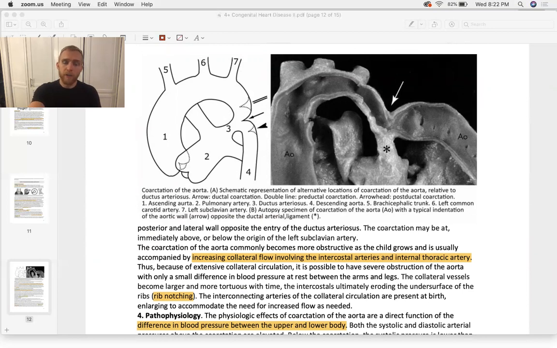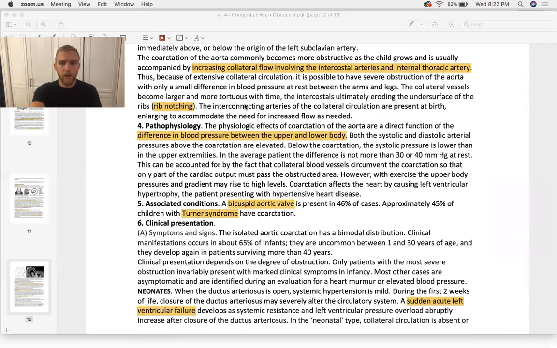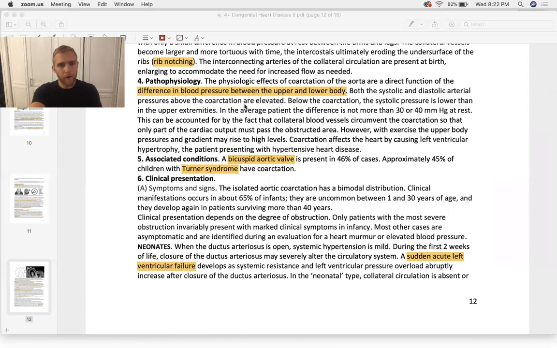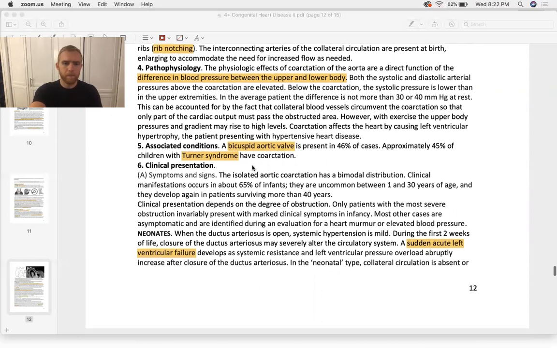You are already sending blood to your upper extremities, and then there's a coarctation. So your brachial pulse is going to be fine. It's your popliteal pulse that's going to be very, very absent. Also associated with the coarctation is the bicuspid aortic valve, as well as Turner syndrome, which is 45X.